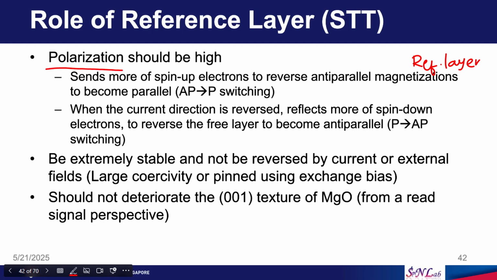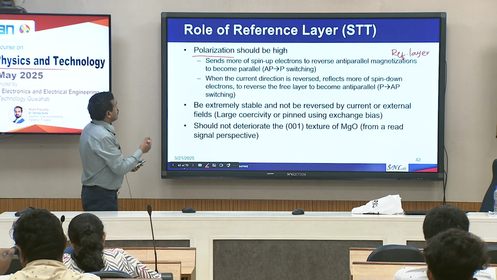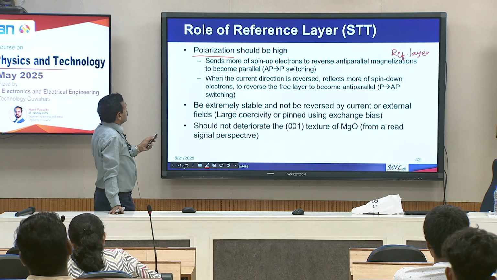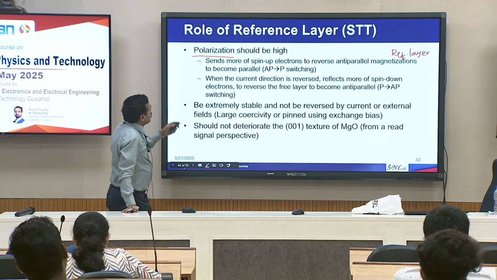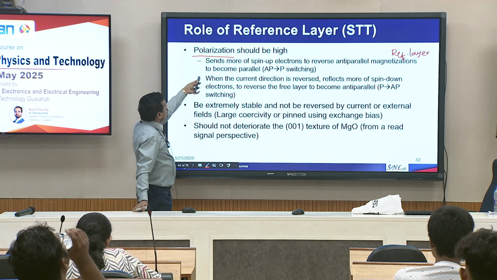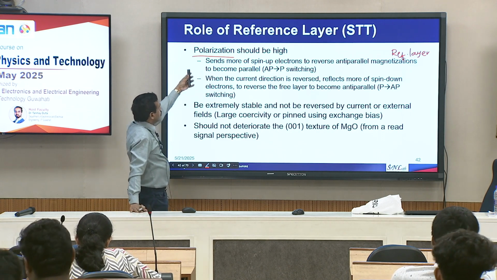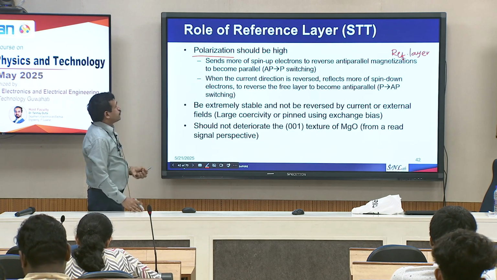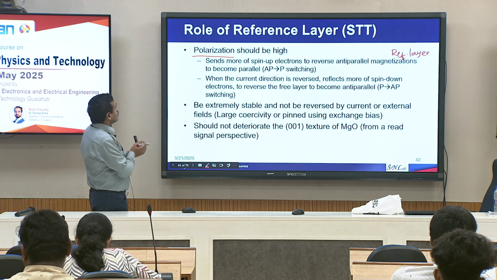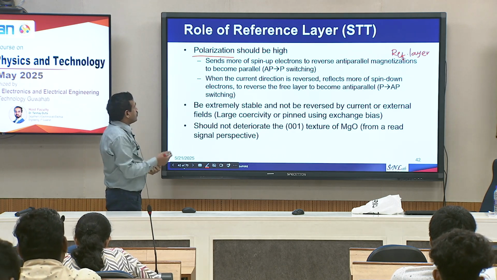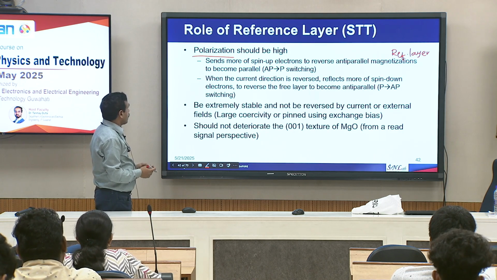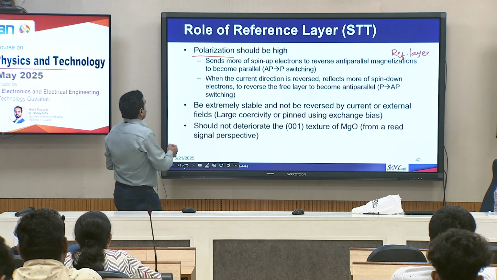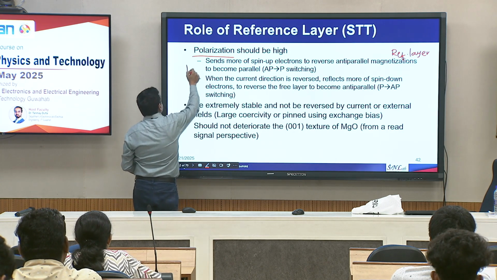So, what we expect from the reference layer of an STT MRAM is that it should have as high polarization as possible. If the polarization of that material is high, then we can achieve switching better. So, that is one criterion.